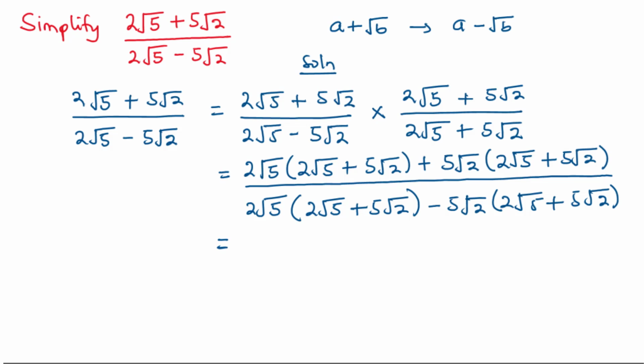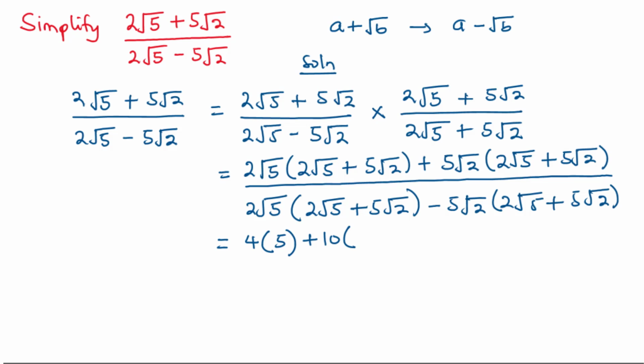Now let's further simplify. So we have 2 root 5 times 2 root 5. That is going to be 2 times 2 is 4. And then root 5 times root 5 becomes root 5 all squared. The square cancels the square roots and we are left with 5. And then we move on to 2 times 5 is 10.